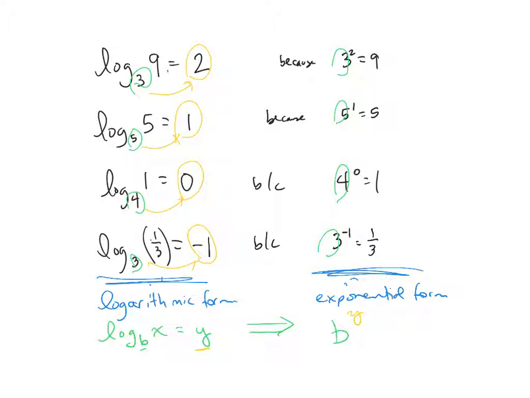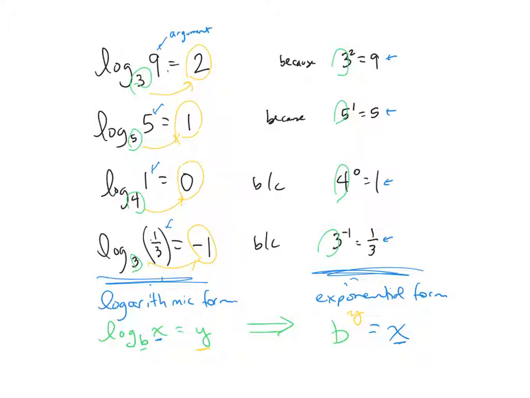And then the other number, this little thing right here, by the way, that has a name. It's called the argument. That always ended up on the other side of the equation. And that's how it's going to work with logarithmic form. B to the y equals x. So that thing would end up over here.